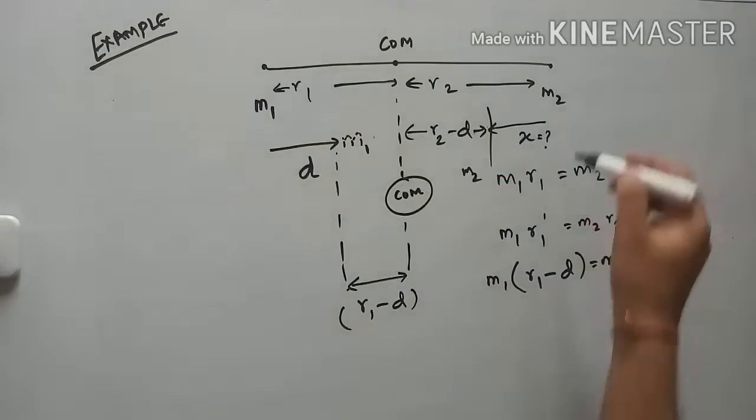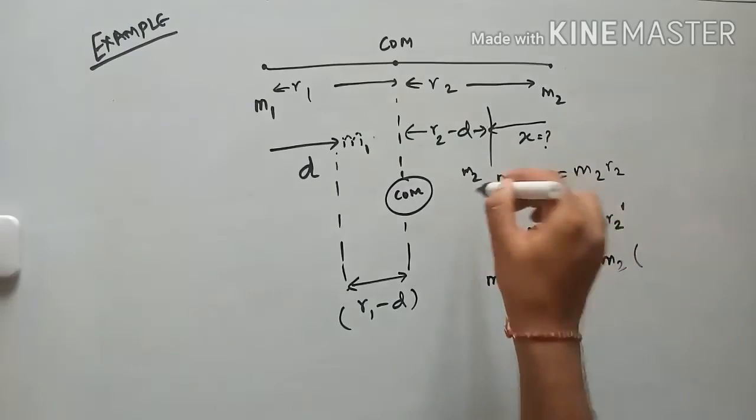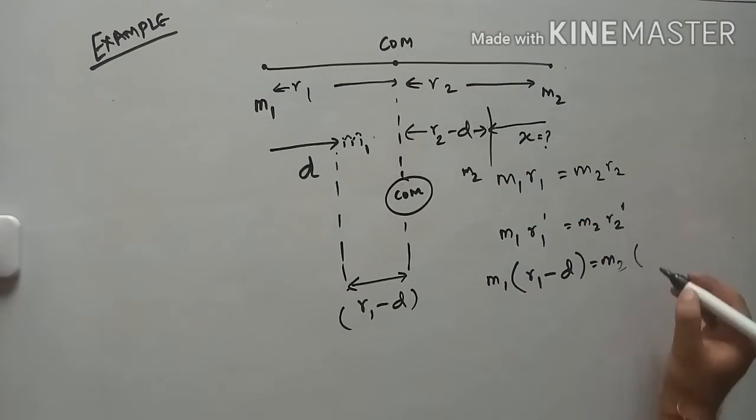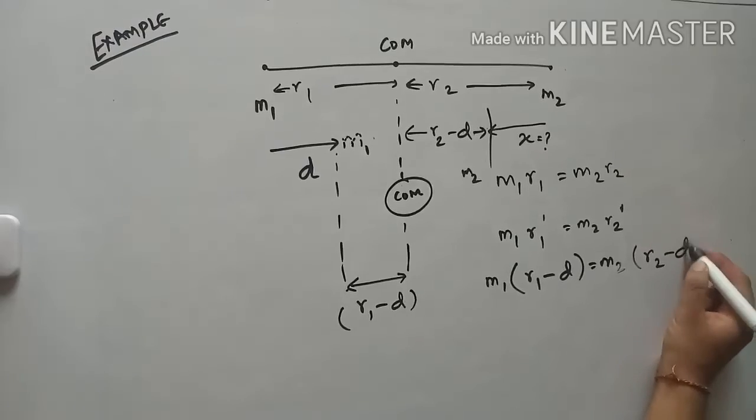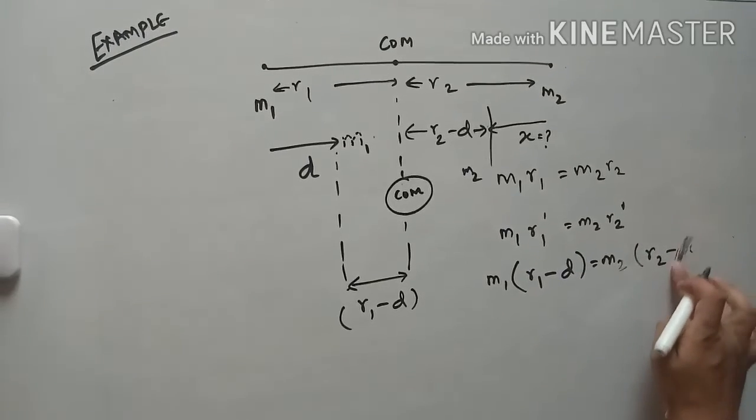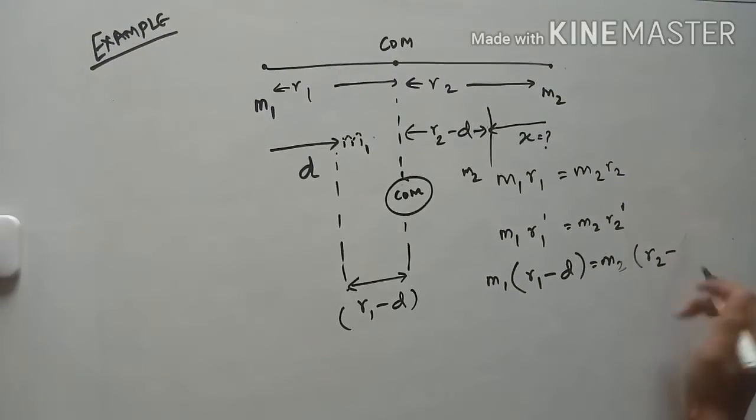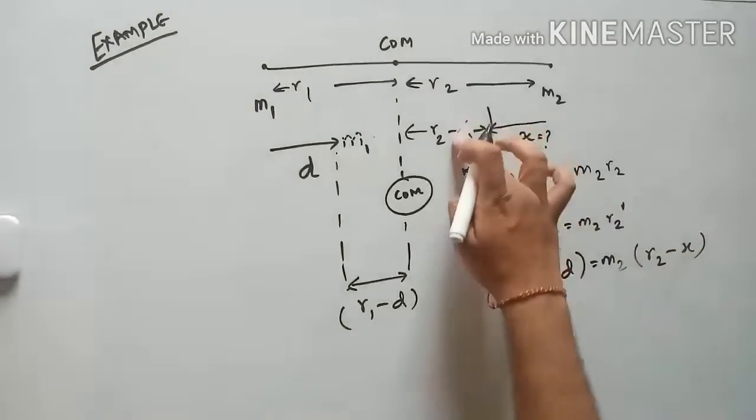So m2 is moved from its original position to this new position, right? So this is going to be m2 into r2 minus x, which we have to find out.